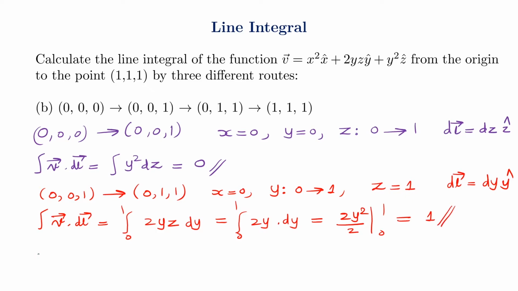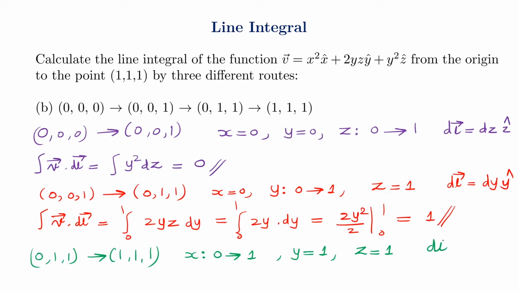Let's now consider the third path, that is from 011 to 111. In this case, the value of x changes from 0 to 1, value of y is equal to 1 and value of z is equal to 1.